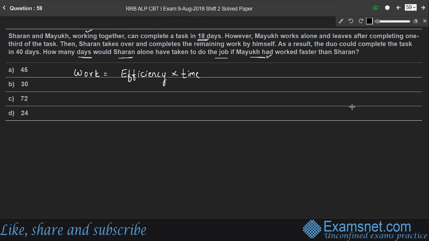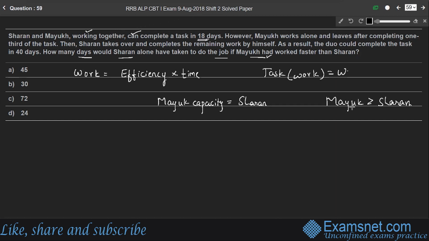So we'll consider their capacities, where Mayuk's capacity is equal to Sharan's capacity in one case, and in another case, Mayuk's capacity is greater than Sharan's capacity. Together they can complete the task in 18 days. So let the work to be completed be W, and we'll consider their efficiencies or capacities.